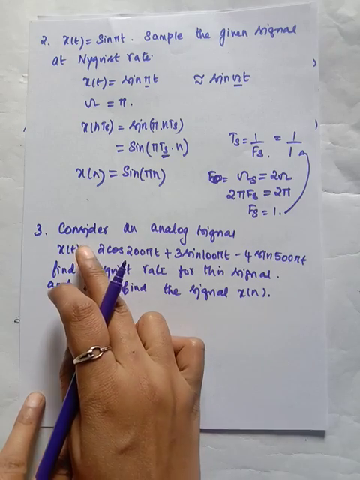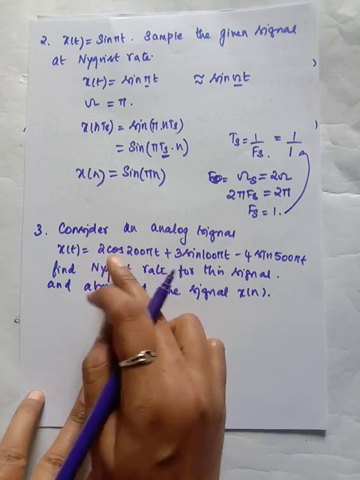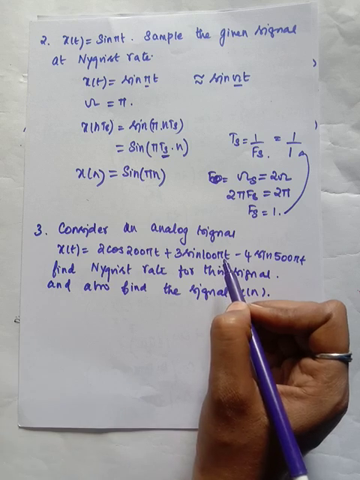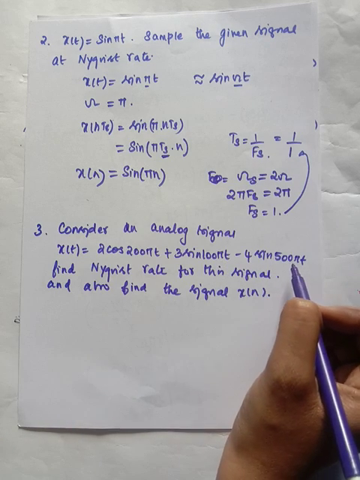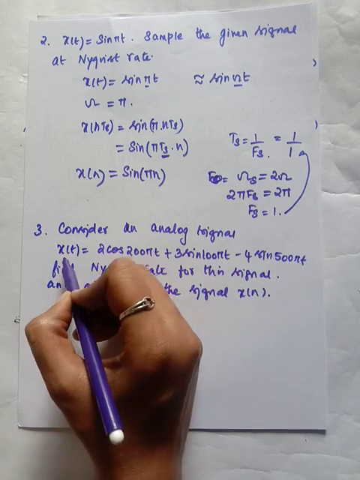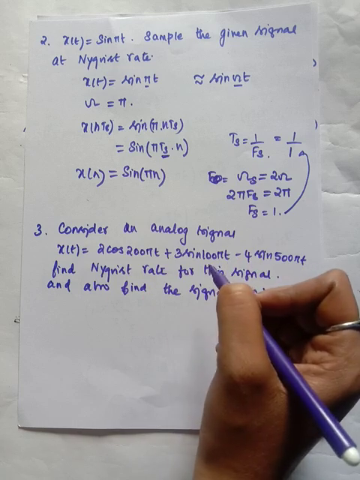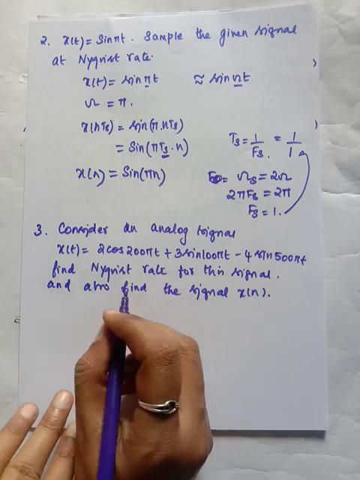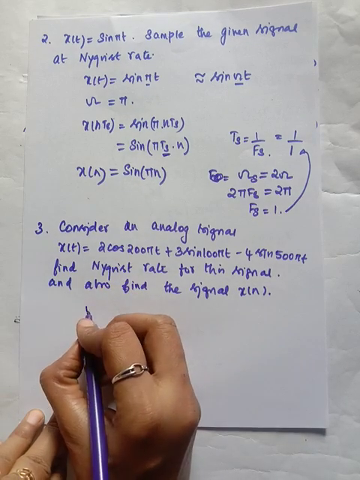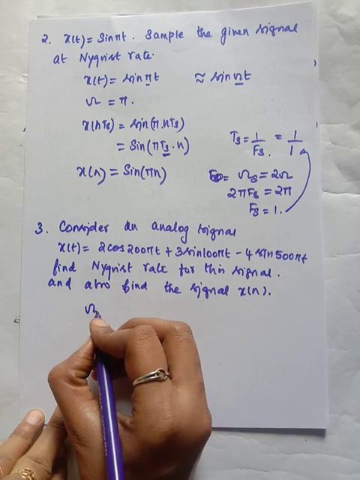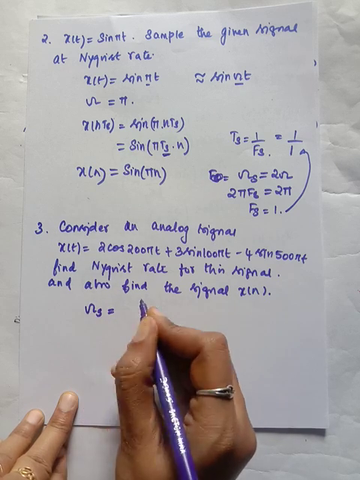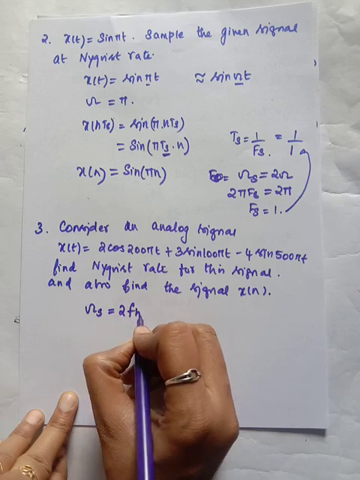The next problem: consider an analog signal x of t equal to 2 cos 200 pi t plus 3 sin 100 pi t minus 4 sin 500 pi t. This signal is a summation of all these frequency components. First we need to find the Nyquist rate, which is the sampling frequency, nothing but twice the highest frequency component.